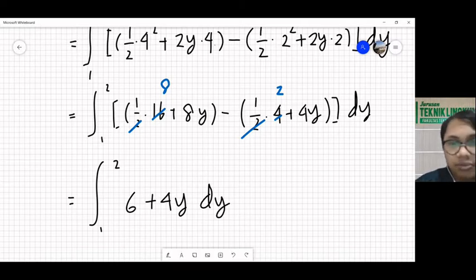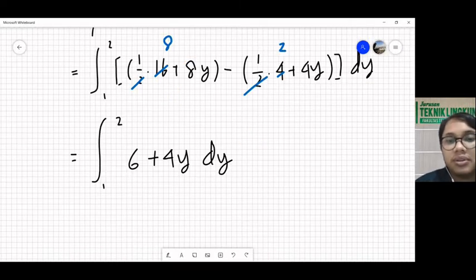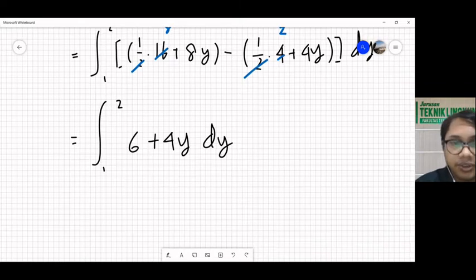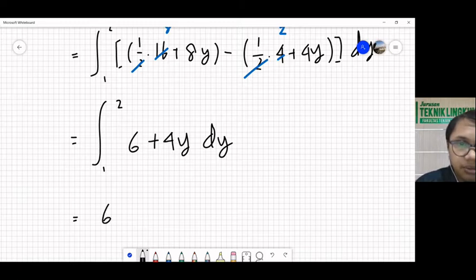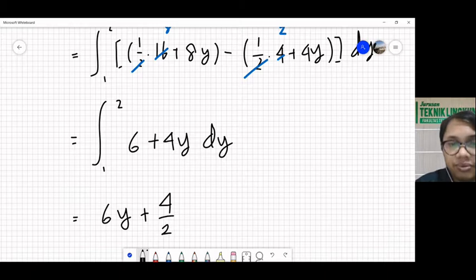Now we can solve the second part of the integration. Then it becomes 6y. Now we change the integration to y as the variable. Then this one is 4y squared over 2.